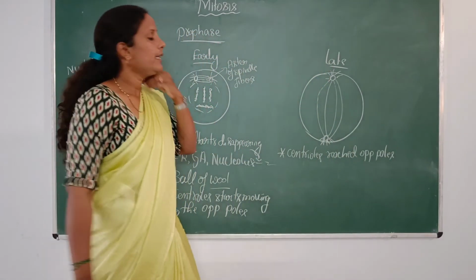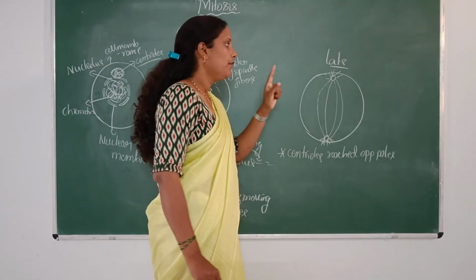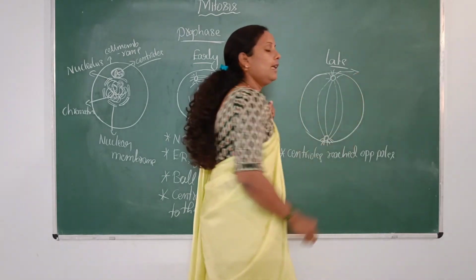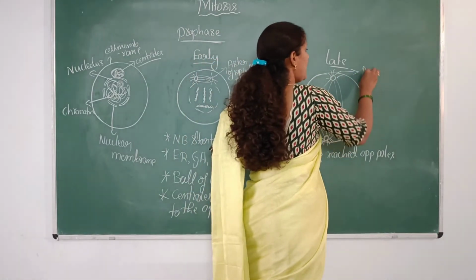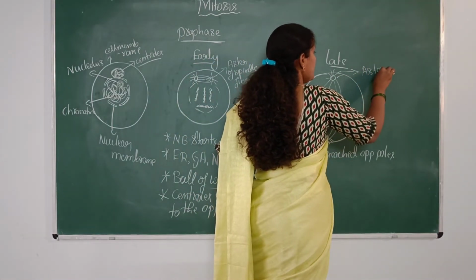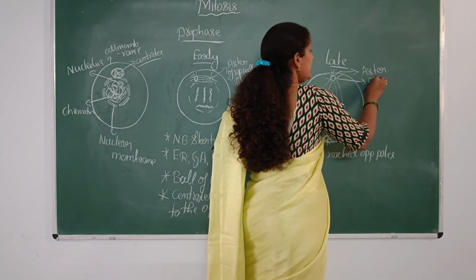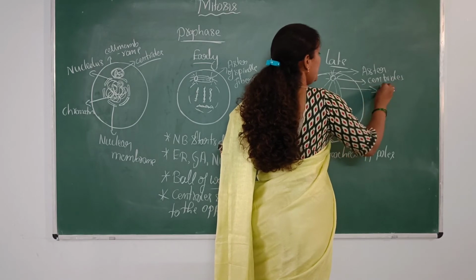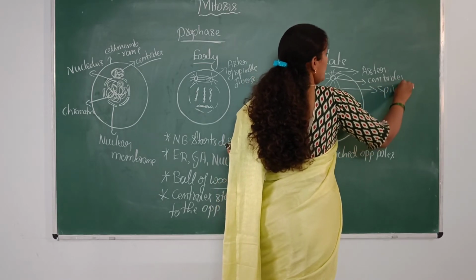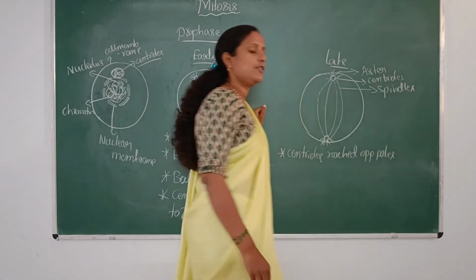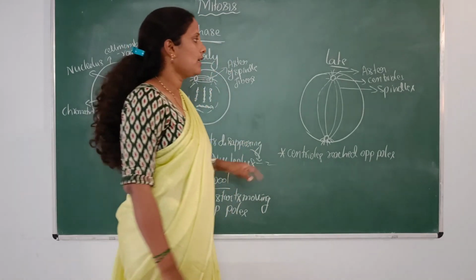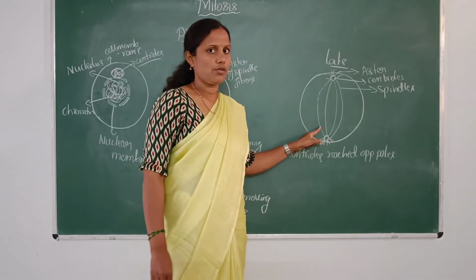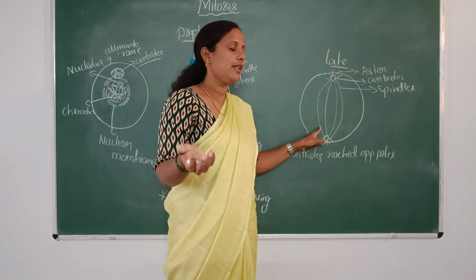And here in this network we can observe 3 things: the aster of spindle fibers, the centriole, and the spindle fibers. Some spindle fibers are connected with the chromosome and some are connected with the 2 centrioles. That I told you we should discuss later.